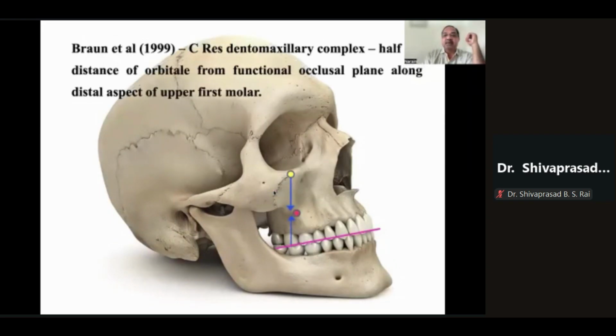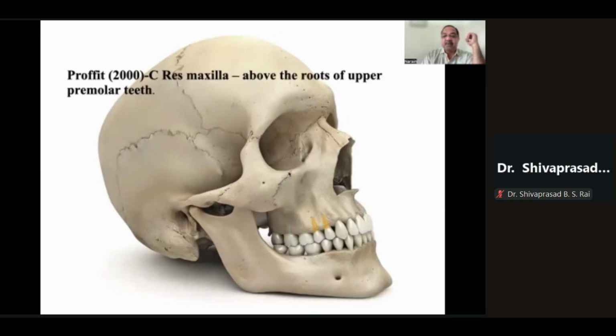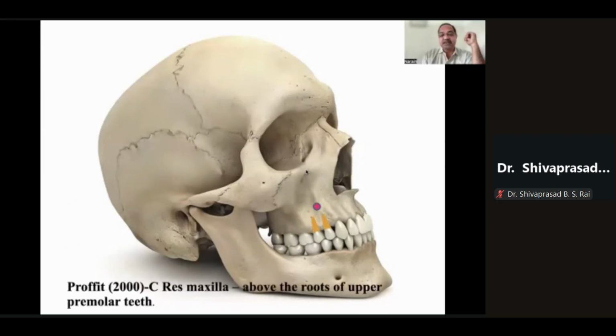According to Braun, the center of resistance is at a point between the orbit and the molars. According to Profit, the center of resistance of the maxilla is between the two premolar roots, just above the two premolar roots.